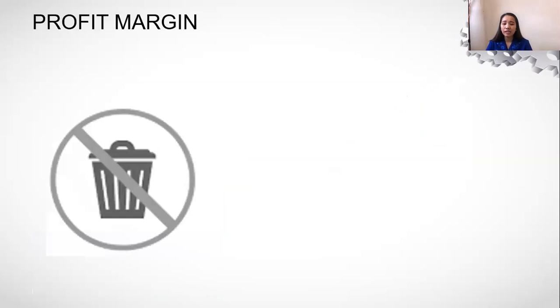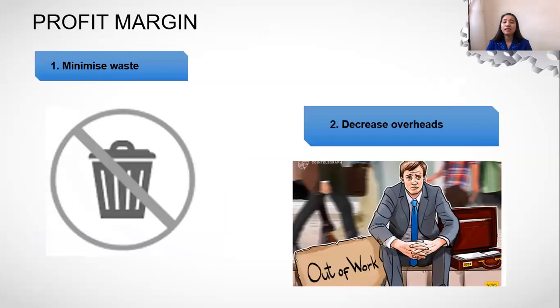For the profit margin, we must minimize the waste. It's similar to the expense. The second one is decrease the overhead. Overhead could be something other than the raw material, like our rent expense. We want to change to another place, and maybe decrease our employees, something like that.